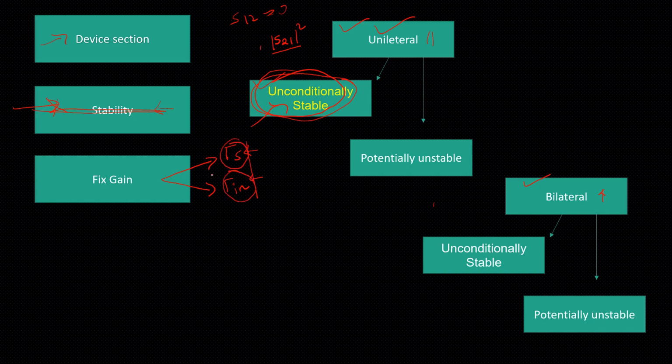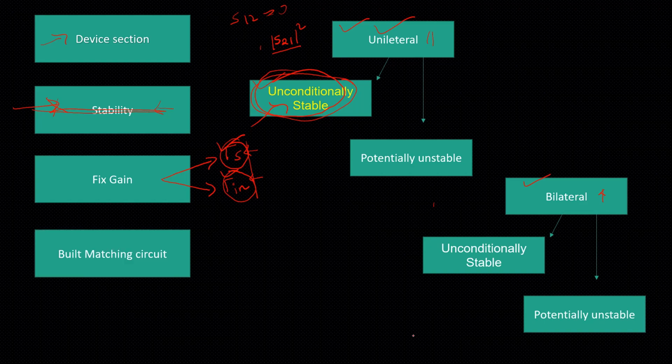Actually, for designing a microwave amplifier, our main task is to get the values of gamma S and gamma in. If we get those, then our work is very simple: it is just to design the matching circuits.